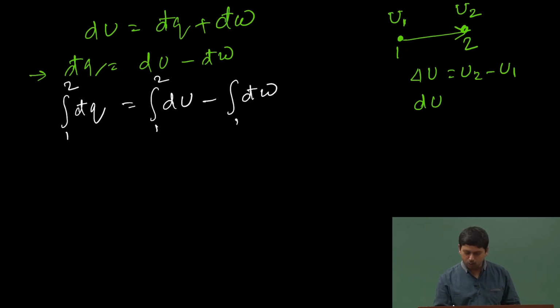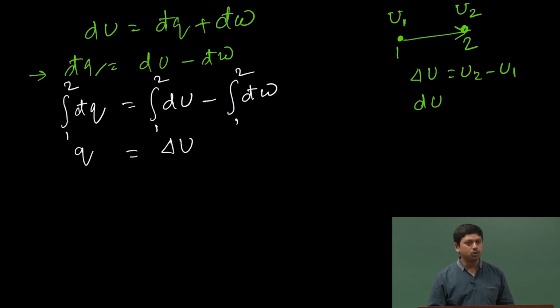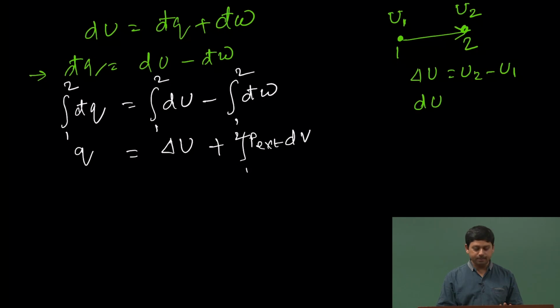Now, I am saying that the integral from 1 to 2 of dq is just q. This one is delta U that I have defined to be U2 minus U1. Now, in this case, I should write P external dV integrated from 1 to 2. Up to that is fine.